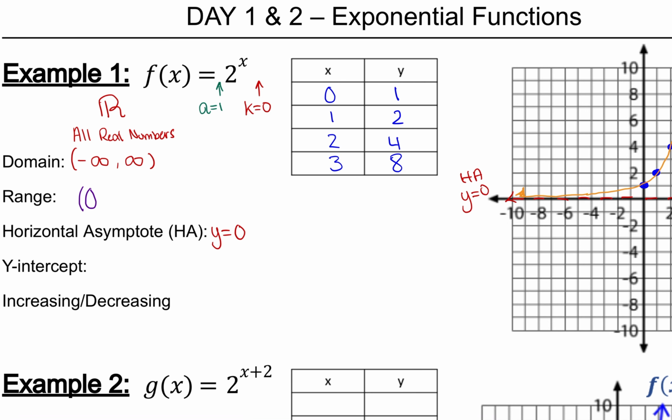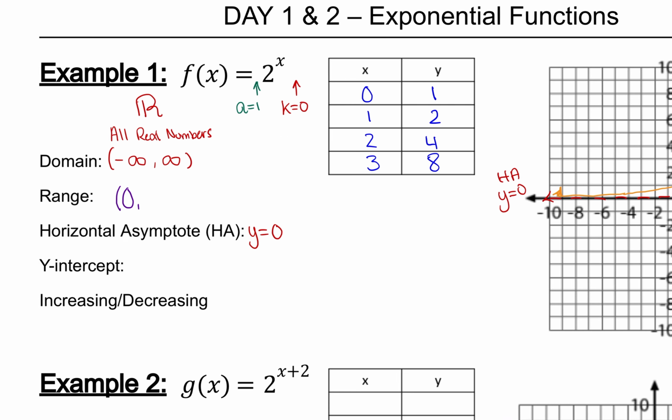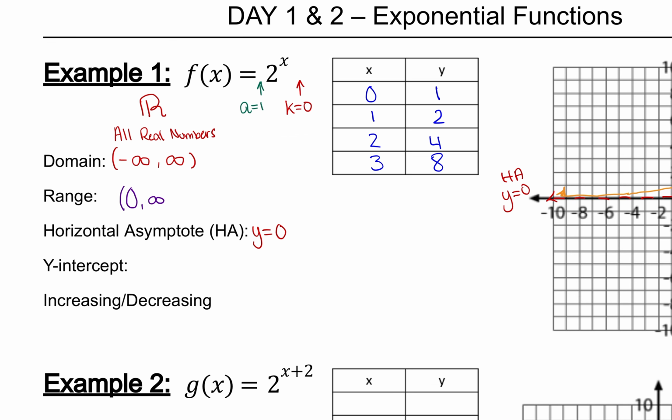Why do I put a parenthesis? Again, because I have a horizontal asymptote at y equals 0. I cannot be exactly on 0. Comma, and then for the top portion of the graph, I notice that I do have a graph that continues upwards, which means that I have positive infinity. So my range is going to be from 0 to positive infinity.